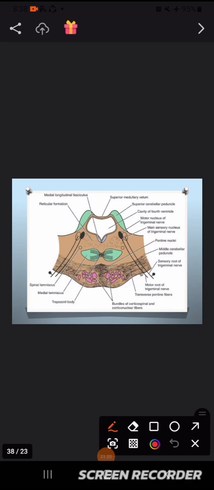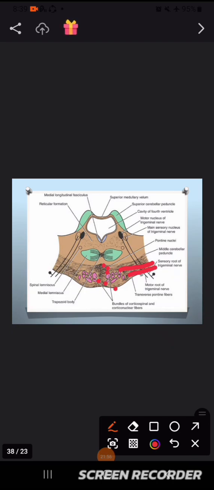The basilar part contains small nuclei or neurons known as pontine nuclei. These pontine nuclei receive the corticopontine fibers and send information through transverse pontine fibers to the cerebellum.